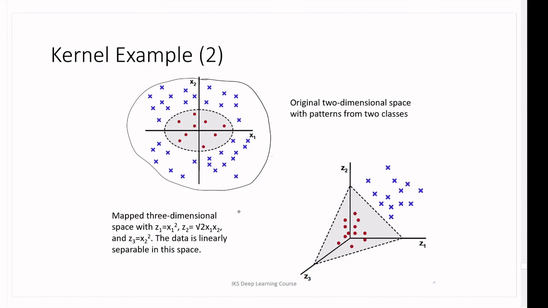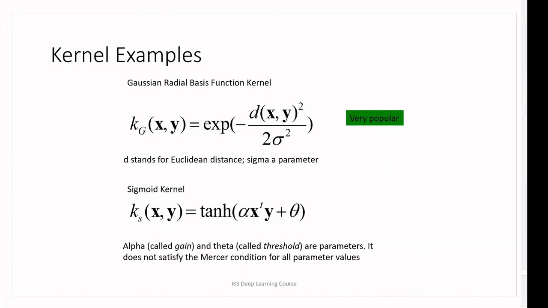If we map them into three-dimensional space through a kernel function, we can find a decision boundary and separate them out. Another very popular kernel function is the Gaussian radial basis function, which is shown here. And another one is the sigmoid kernel function that is defined here.